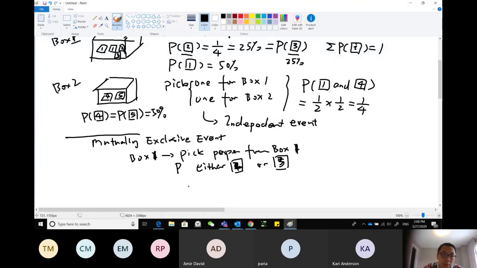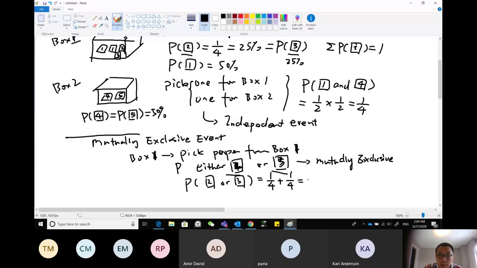And vice versa. So getting 2 and 3 are considered in this case as mutually exclusive, right? So the probability for getting 2 or 3 will be basically equal to their probabilities added together. So 50%.